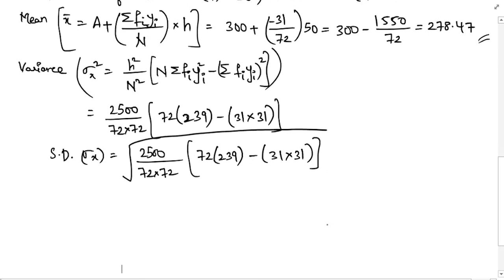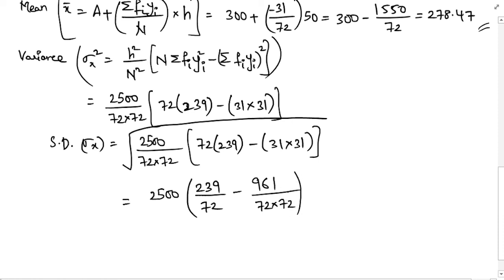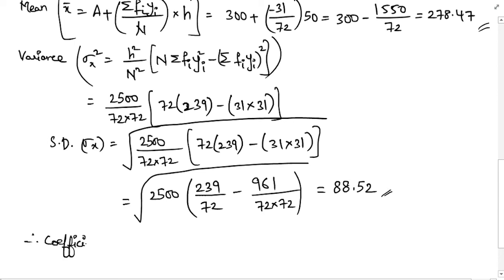So that will be equal to 2500 into 239 by 72, because the 72 will get cancelled, right? And minus 961 divided by 72 into 72. We can write in this form, right? So whole root of this, please calculate this. I have already calculated, so approximately I'm getting this value as 88.52. Then the coefficient of variation.